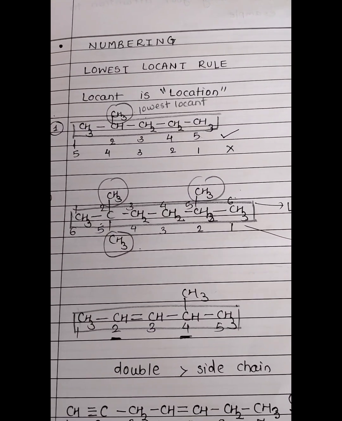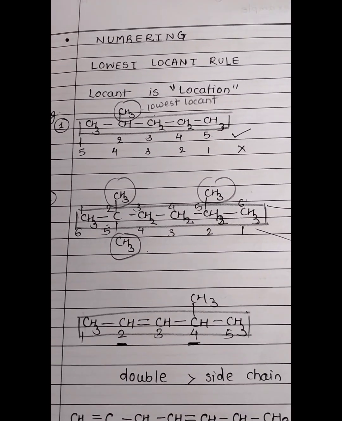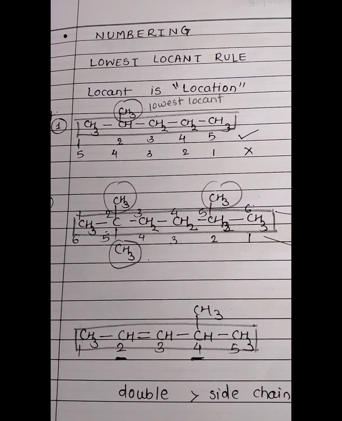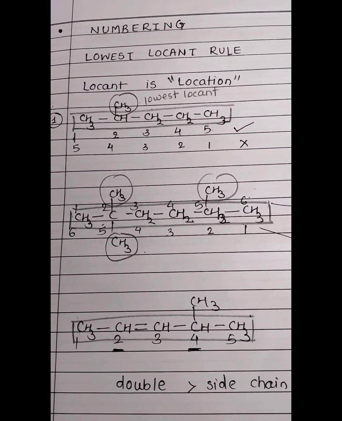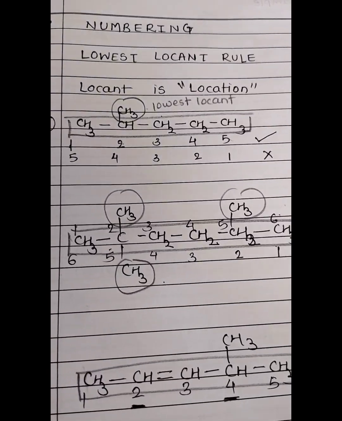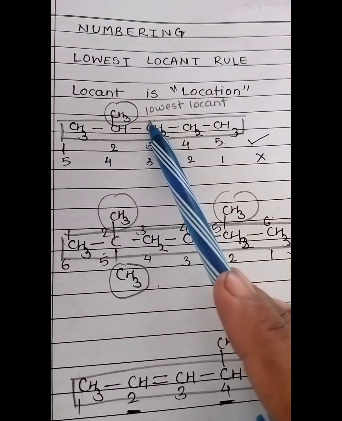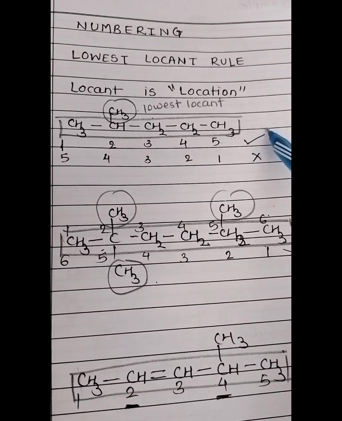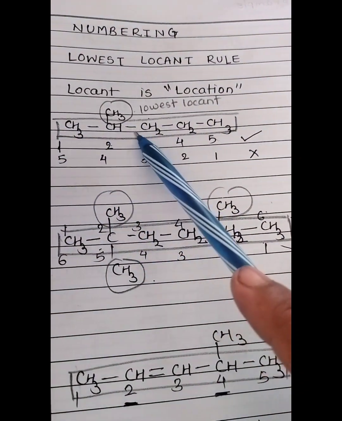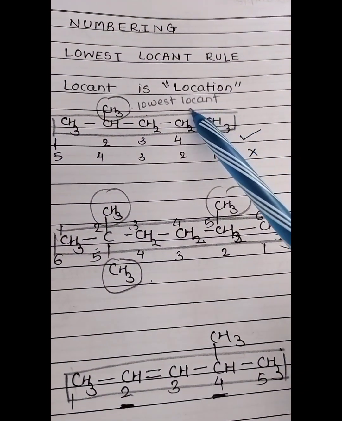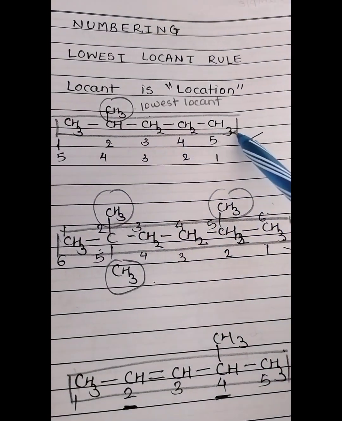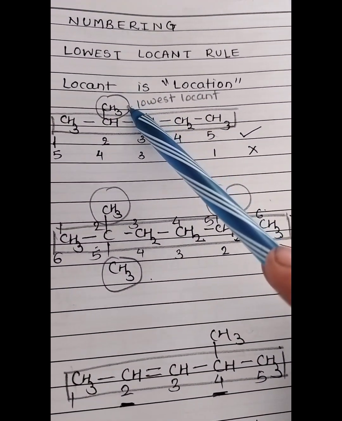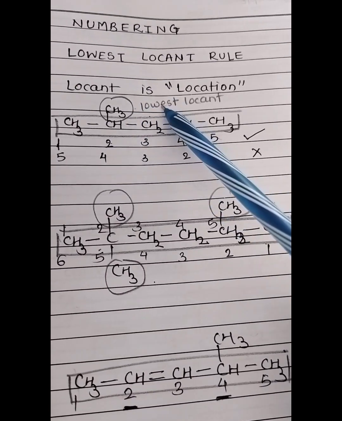Then the next part is nomenclature numbering, the lowest locant rule. Locant means the location. In this example, CH3 is our side chain and this is our main chain. Select the main chain containing more carbon atoms. So this is our main chain, and CH3 is our side chain. The side chain gets the lowest locant number.